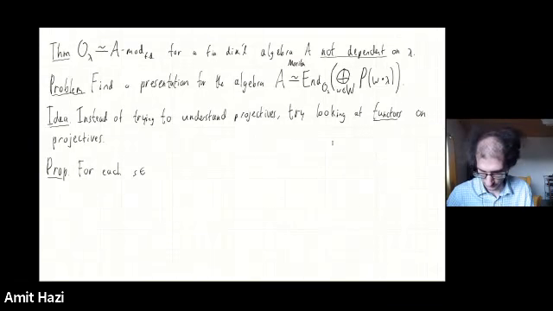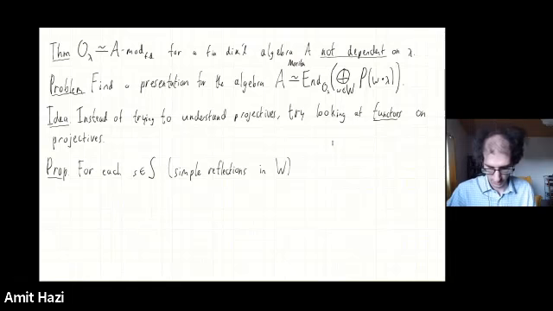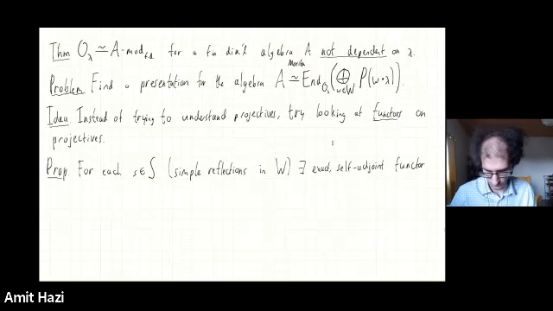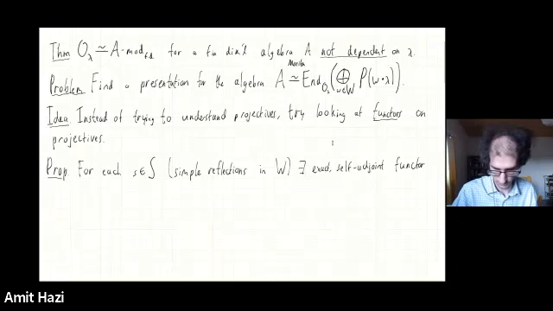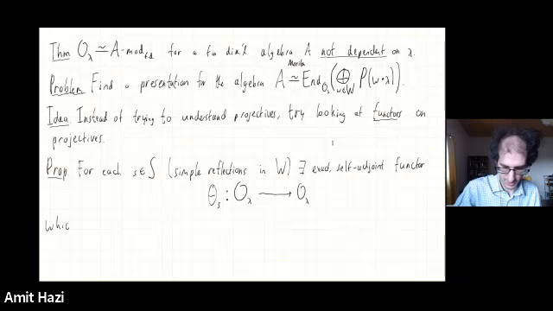For each S inside big S, which is the set of simple reflections in our Weil group W, there exists an exact self-adjoint functor, which I'll write theta S. This is a functor which works on all of O lambda to O lambda, but when you restrict it to projectives, it does some interesting things. In particular, if you restrict to projectives, it preserves them.